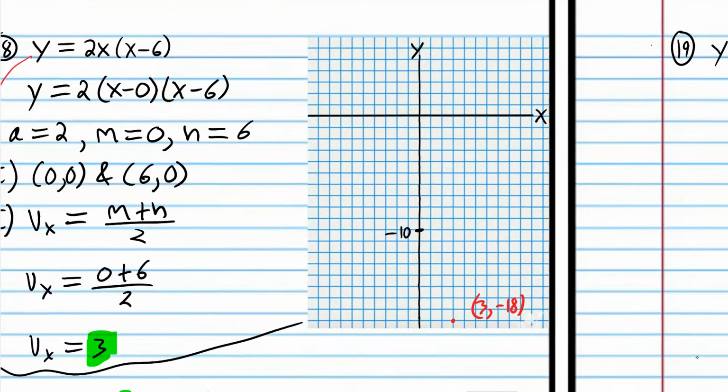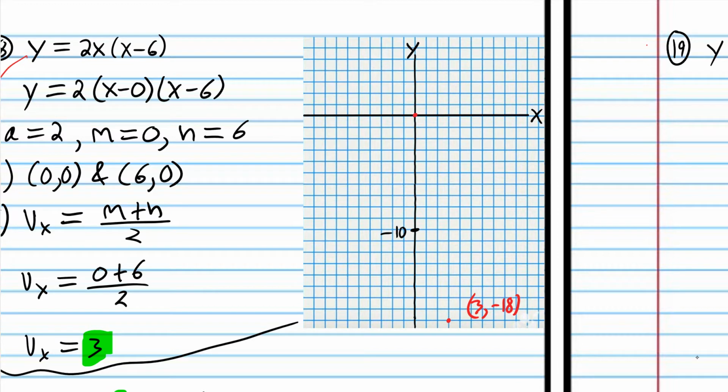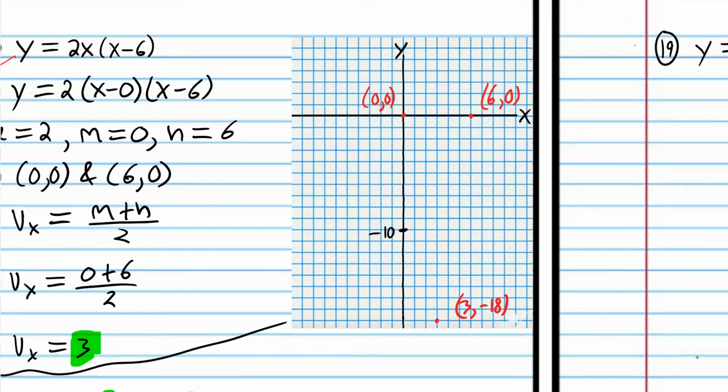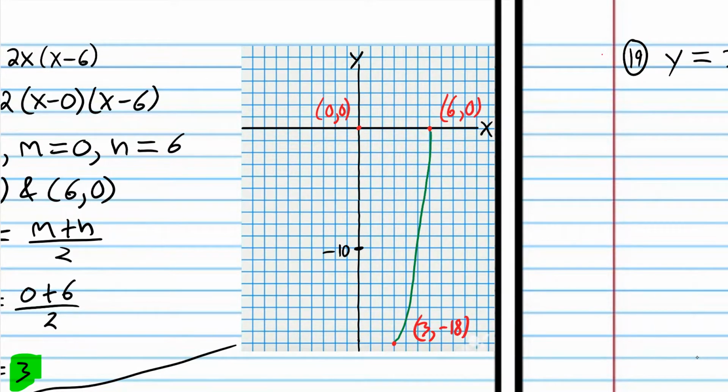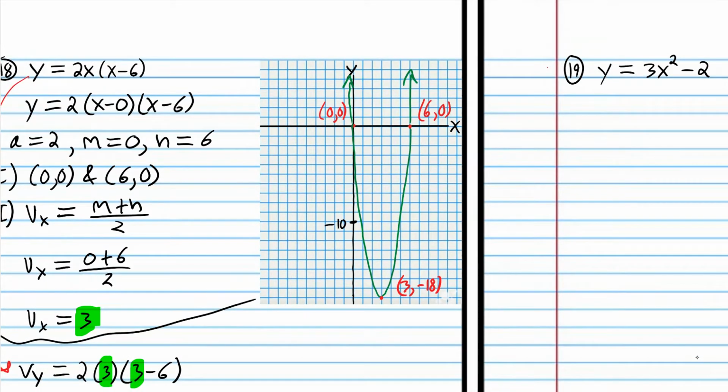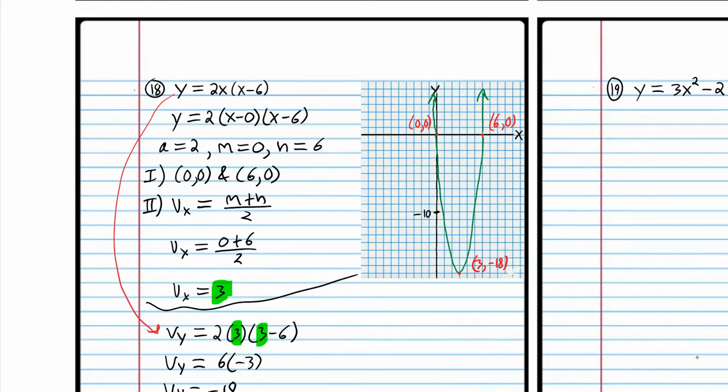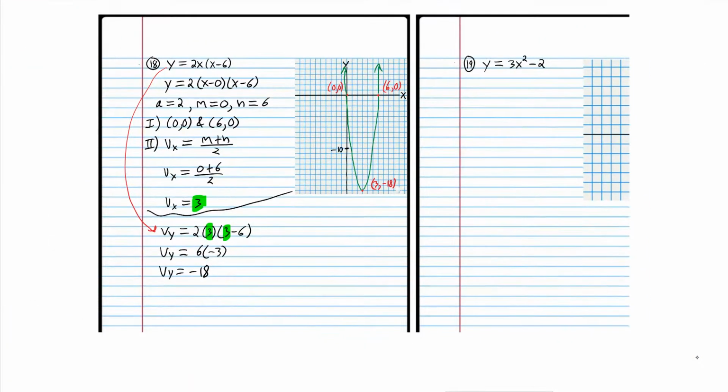And of course we can use the intercepts, which are 6 and 0. So 6 and 0, and we just connect the dots. I do this one first. And there you go. So if your parabola looks something like that, good job.